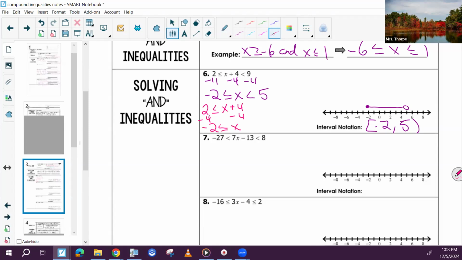And then taking just the second half, so covering up the 2 less than, and have x plus 4 is less than 9. And just solving this piece by subtracting. Then you would have your 2 inequalities like we had here. If you wanted to graph them separately to see where they overlap, you could do that.